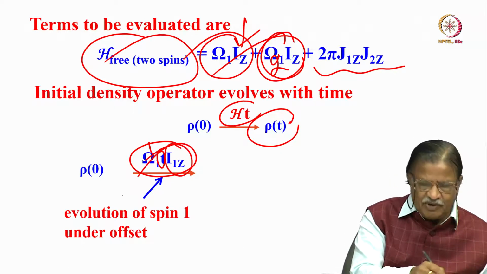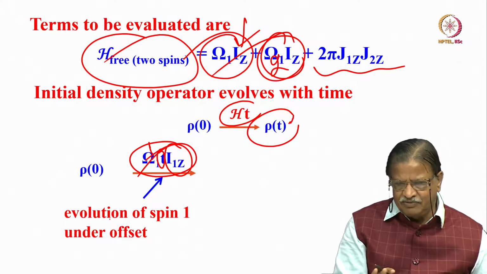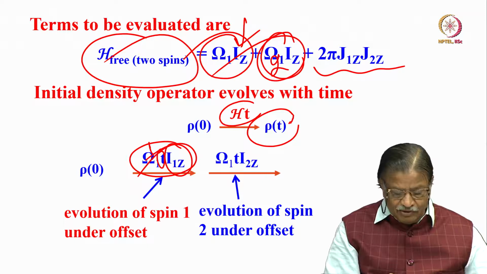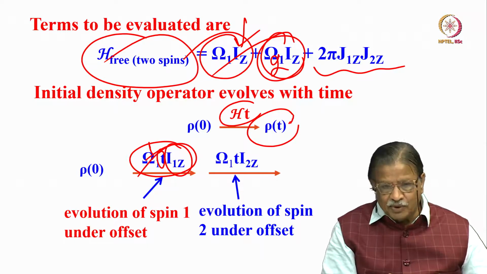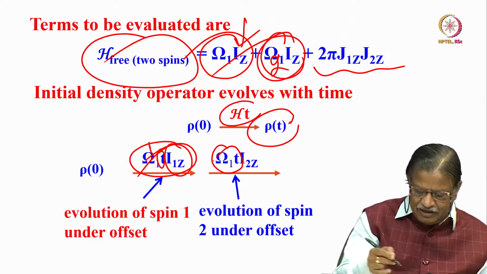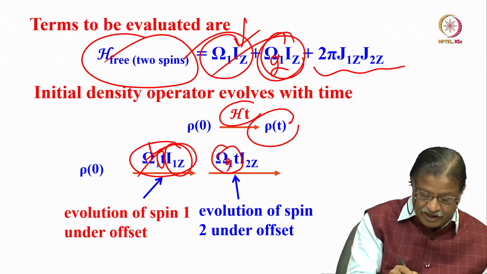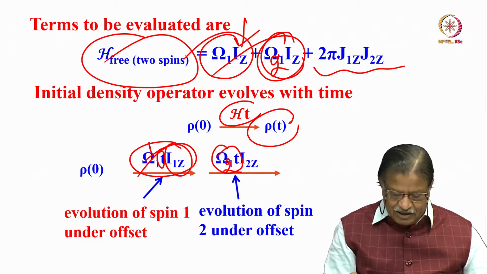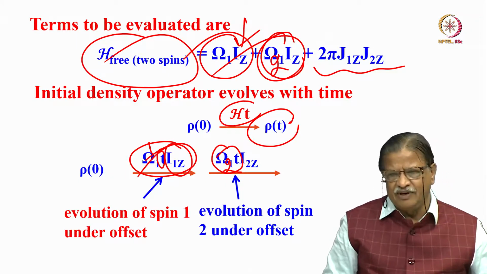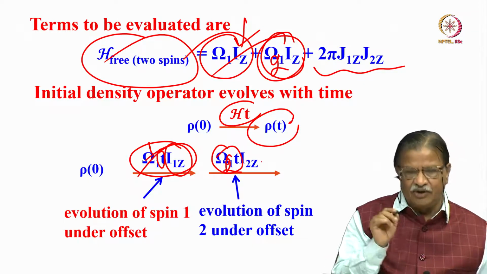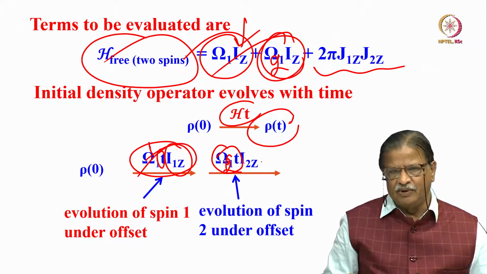This is for spin 1, that is the first one. Now the evolution of spin 2 under offset is again omega 2 t I2z. I am sorry, it was a mistake earlier, it should be omega 2. This is the evolution of spin 2 under offset.